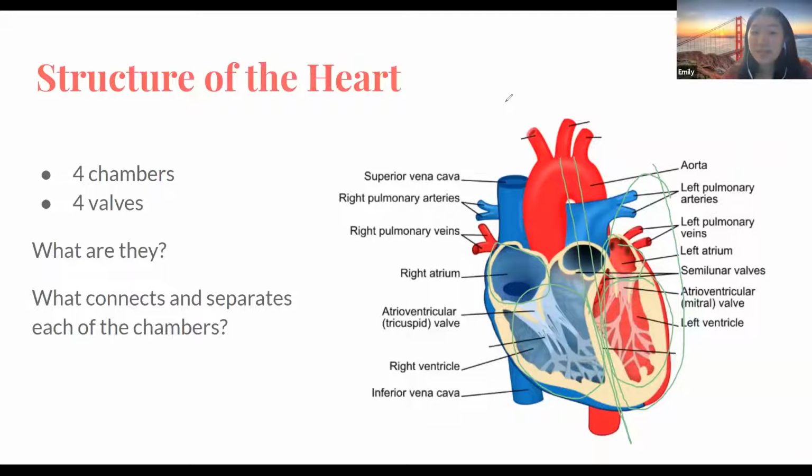The left and rights might look a little strange to you on this diagram, and that's because when we talk about left and right in anatomy, it's always from the perspective of the person who owns the organ. So when we look at this image, we'd be facing the person that owns this heart.